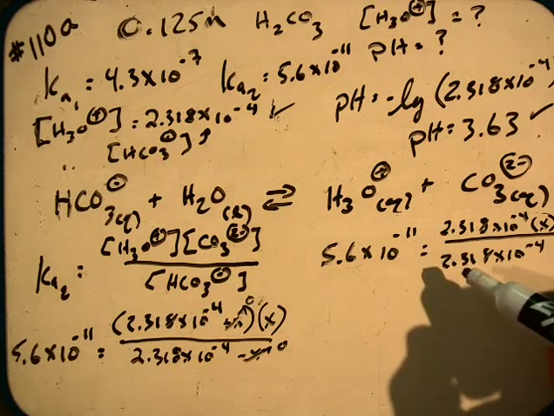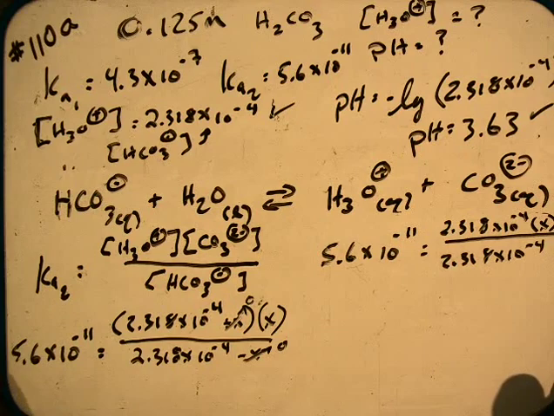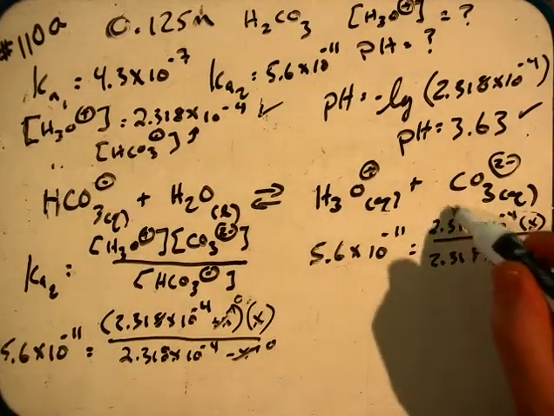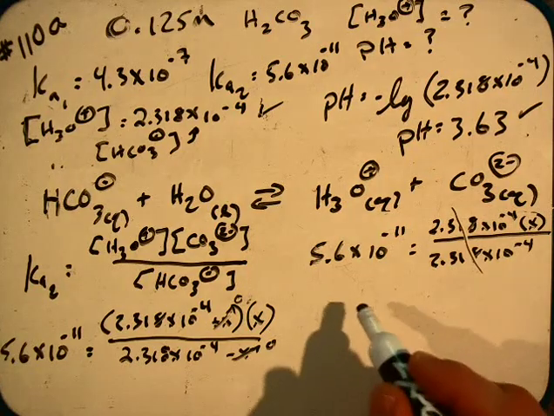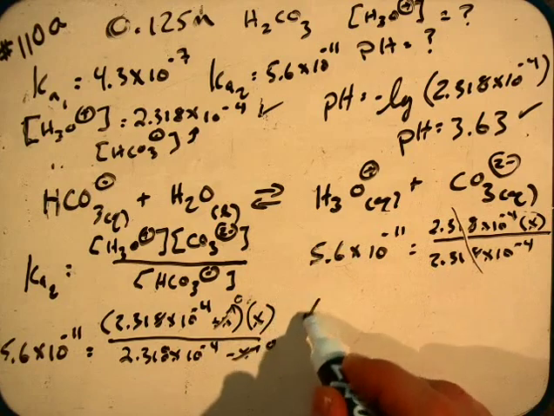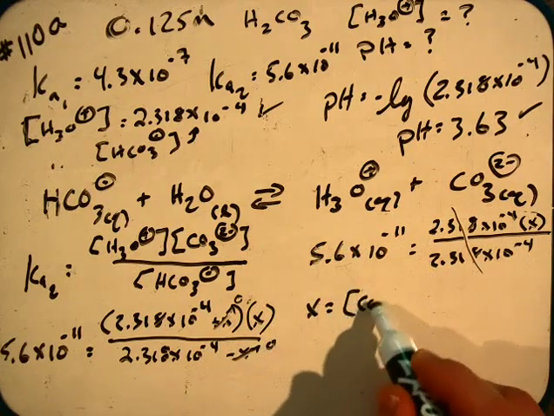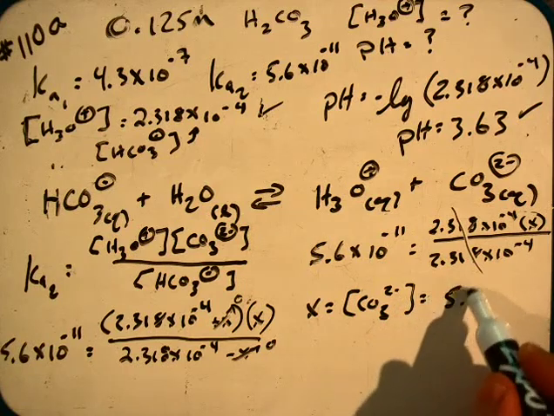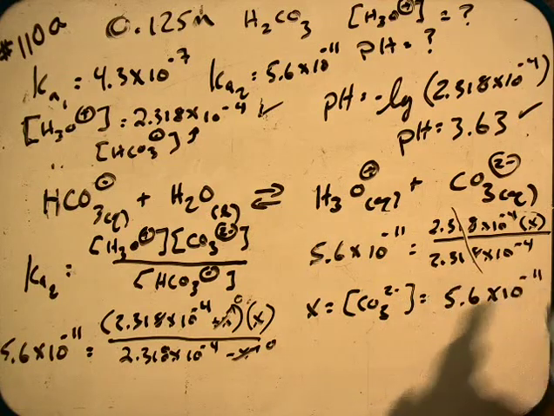These are going to cancel, the numerator and the denominator, and so that means our x, which is going to be equal to the concentration of carbonate, is equal to 5.6 times 10 to the negative 11th.